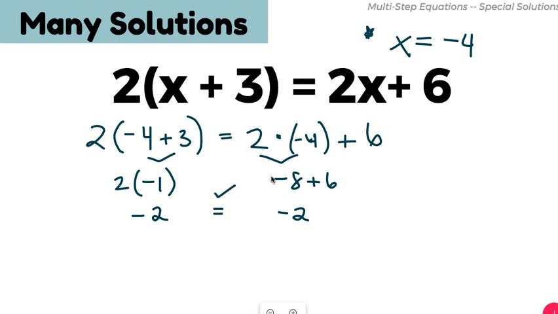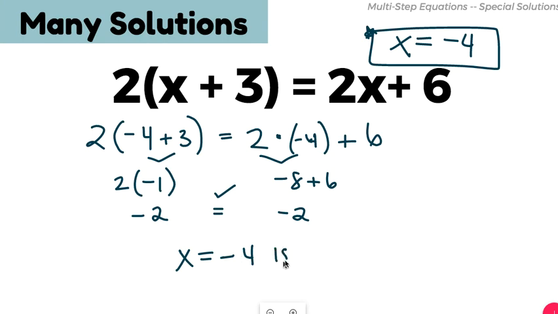My left side equals my right side, so that means x equals -4 is a solution. So x equals -4 is a solution.